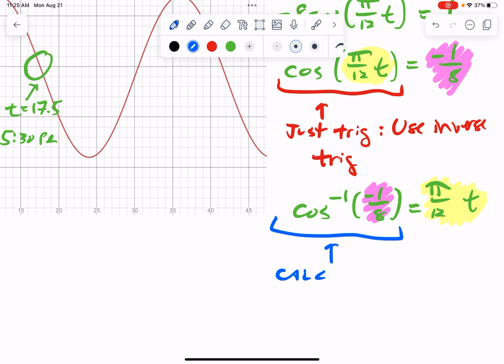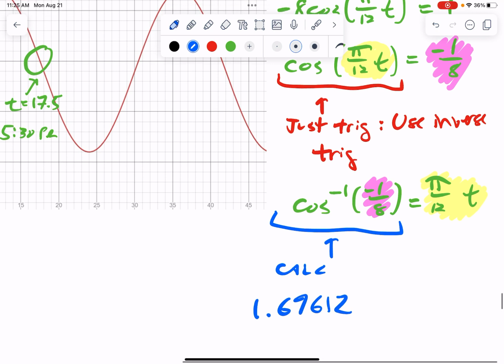So on my calculator, I'm going to make sure I'm in radian mode. The problem told me that very explicitly. So inverse cosine of -1/8. I put that in my calculator, and I get 1.69612. 5 decimal places should probably be fine. That equals pi over 12 t.